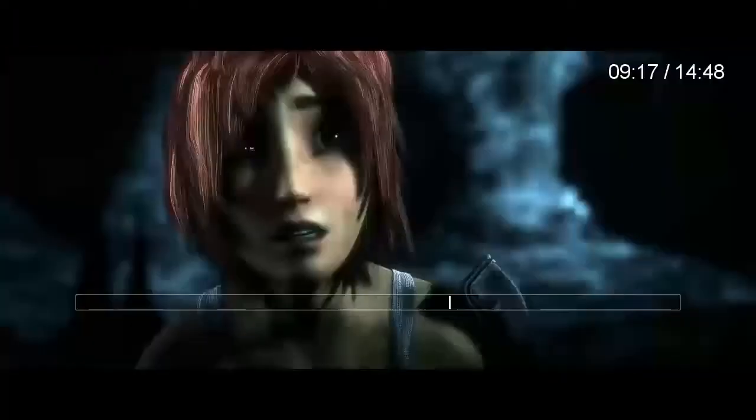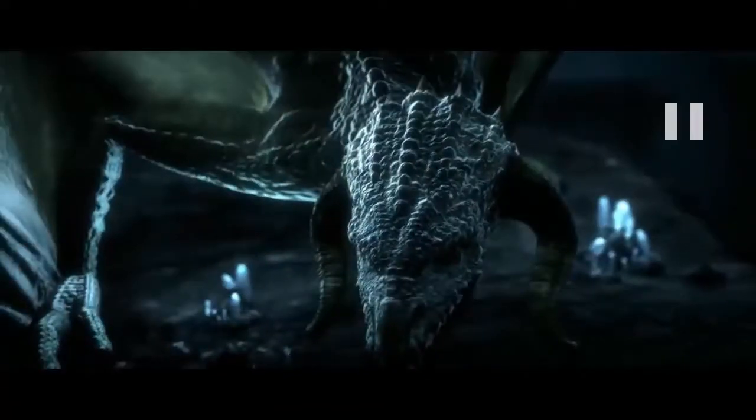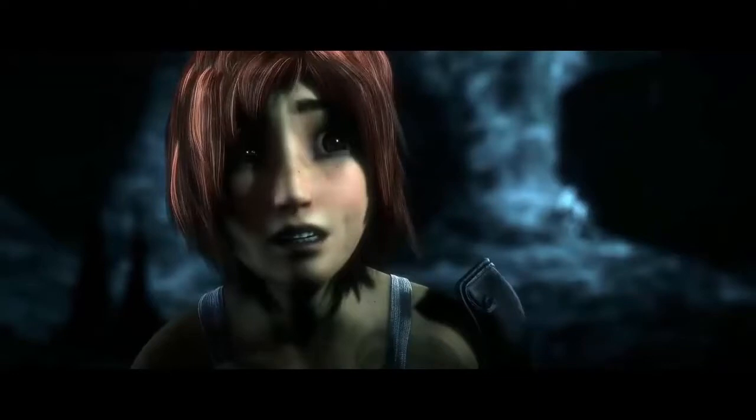So you see how the director is constantly using close-ups in this part of the story, because this is an act that is emotional.